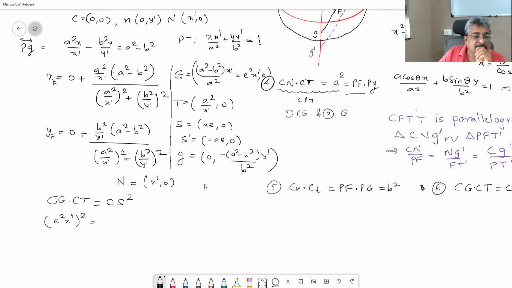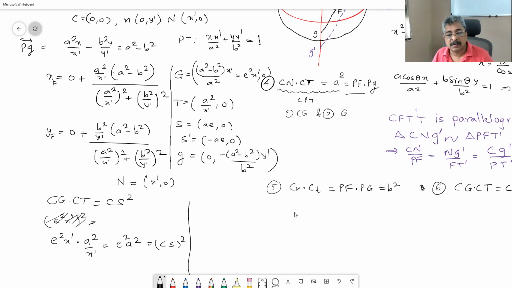Cg is E square x dash, into Ct, which is a square upon x dash, is equal to E square a square. And how much is Cs? Cs is E a. Easy. Shall we do this? This should be done.